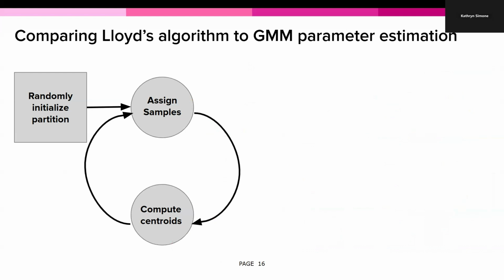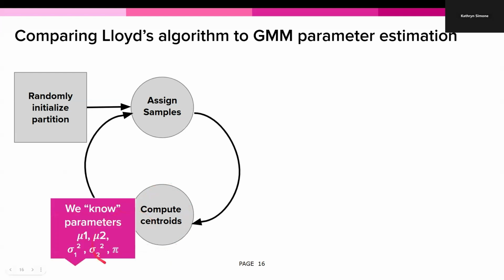And so in k-means, computing the centroids is a bit like finding the means of the Gaussians in our mixture. So each centroid in k-means corresponds to the mean of one Gaussian component.